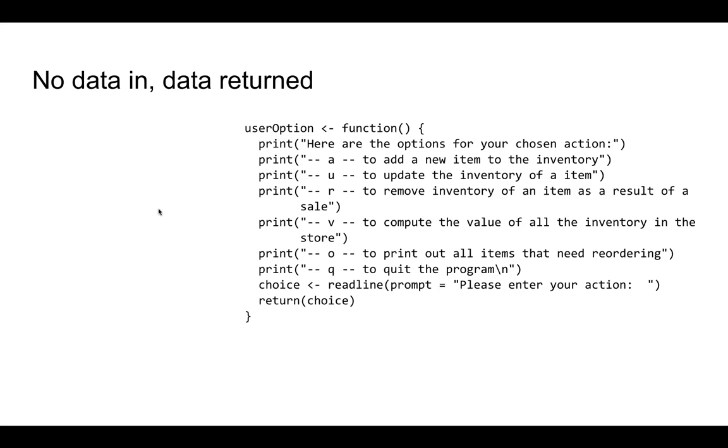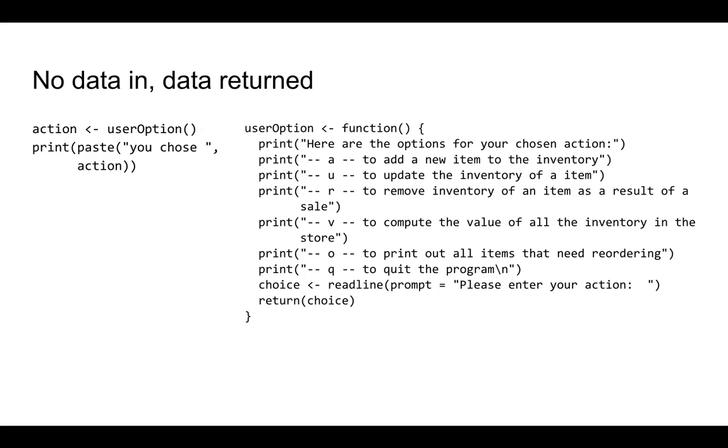Calling this function is a bit different than when we called our original menu function, because now we have to have a way to capture the value returned by the function. We handle that by putting the call to the function on the right-hand side of an assignment.